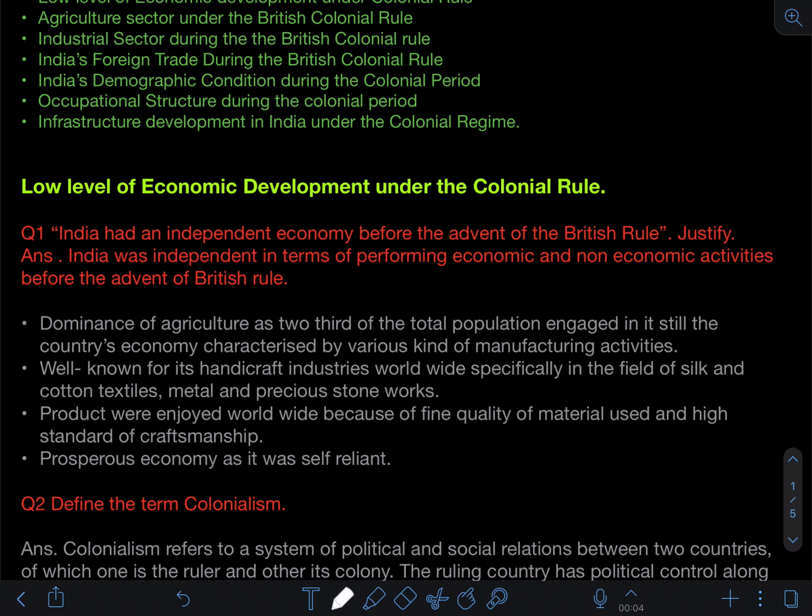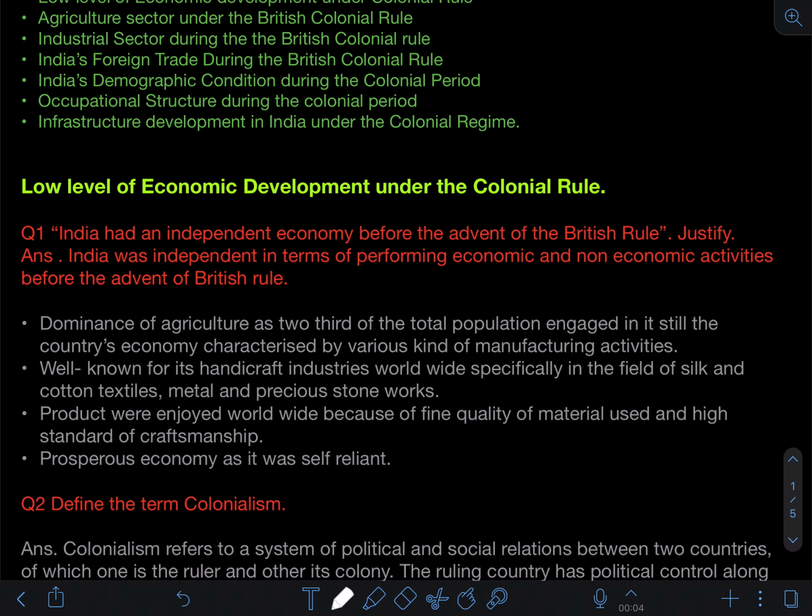That tenure, that particular period, what was the economic development? Colonial rule basically refers to a situation where the controller, that was the Britisher, was controlling the particular colony, that is India.